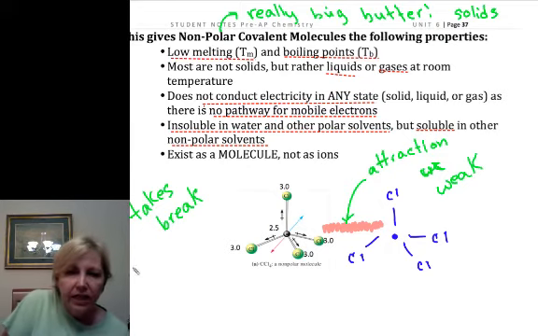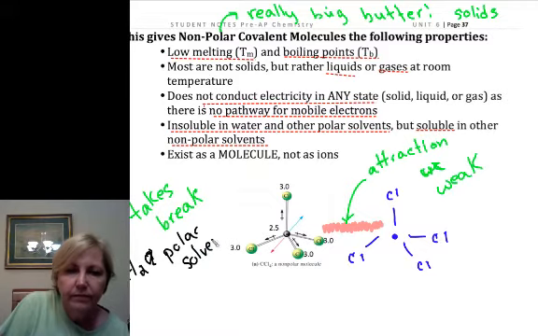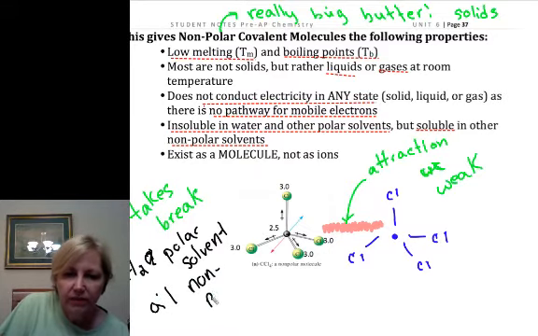So what you can think of is that water is kind of your penultimate example of a polar solvent. Sorry, my Mimio's getting low on batteries, it's jumping on us. And oil, right? Oil and water don't mix, right? Oil is a non-polar solvent.